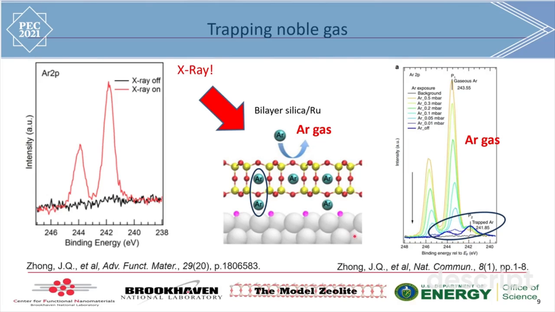This phenomenon was later explained by a separate paper: X-rays can first ionize the noble gas, then it can be trapped in those different sites.